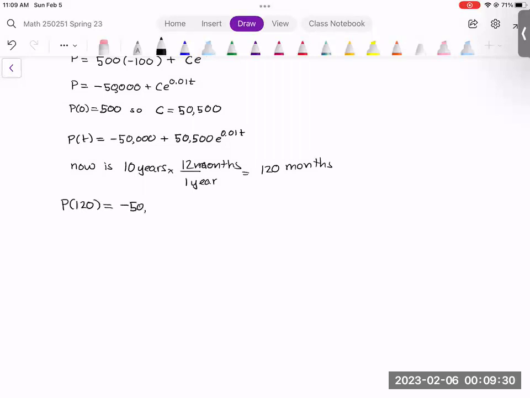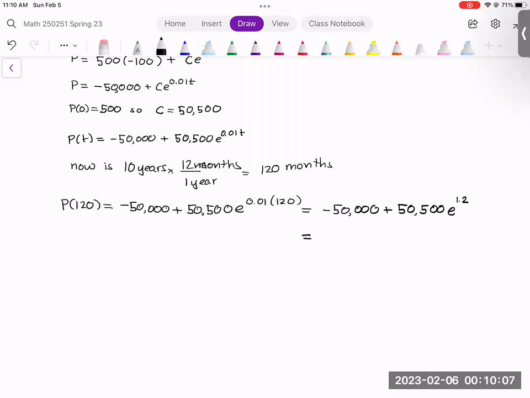This is negative 50,000 plus 50,500 e to the 0.01 times 120, or negative 50,000 plus 50,500 e to the 1.2.